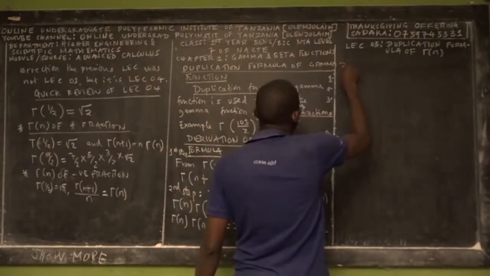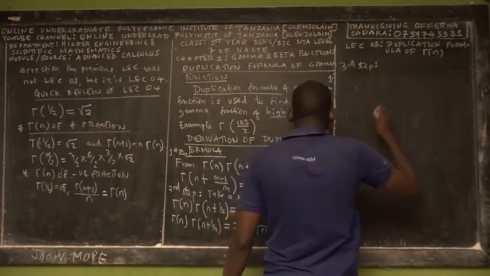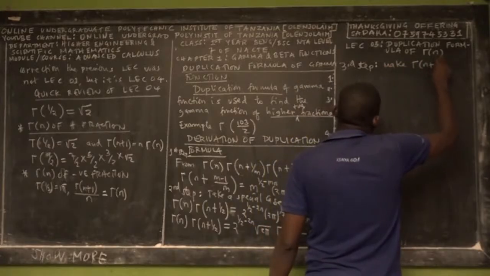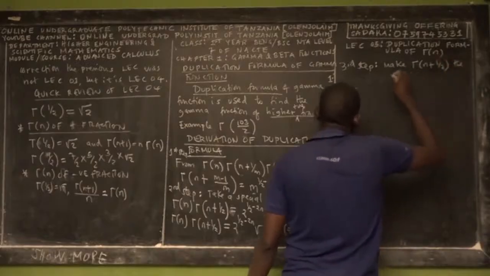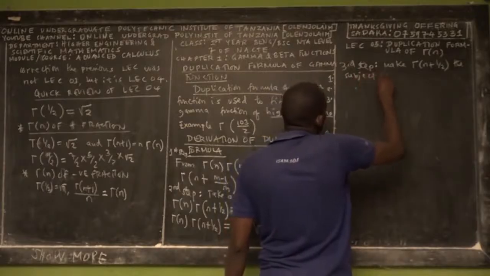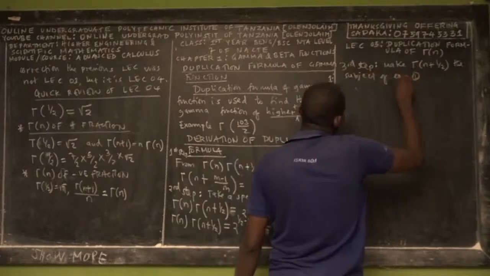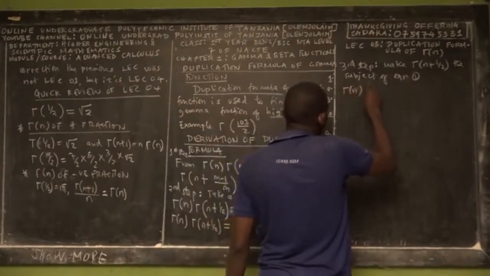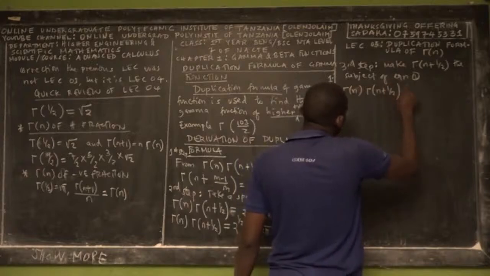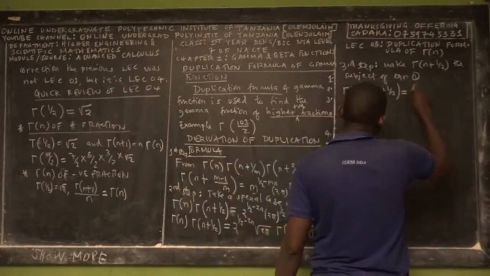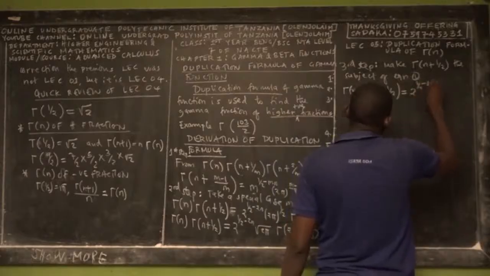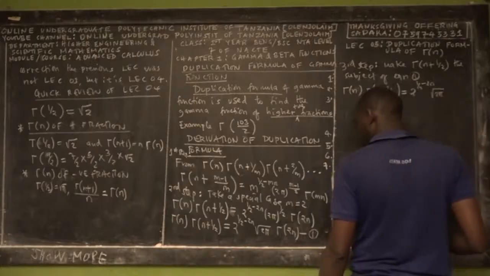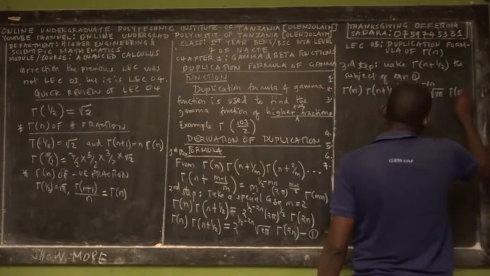So third step, we make gamma of n plus a half the subject of equation 1. On the left hand side you have gamma of n times gamma of n plus a half, which is equal to 2 power half minus 2n, times square root of 2 pi, then gamma of 2n.